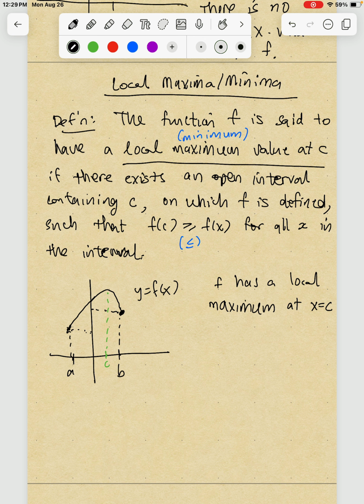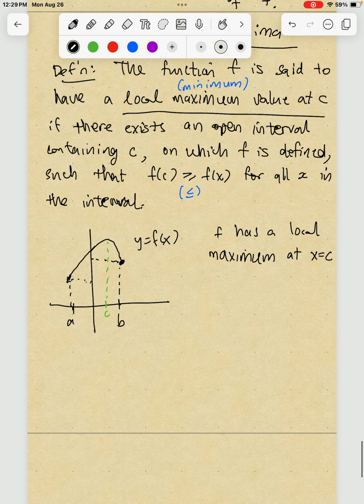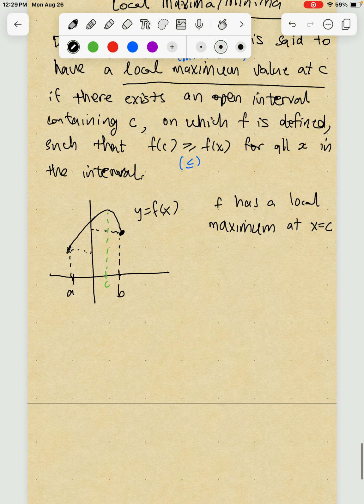Well, there is. If you just look at this interval from a to b, f of c is the biggest y value on that interval. So we say that f has a local maximum at c, and local maximum value at c. And the maximum value is f of c.